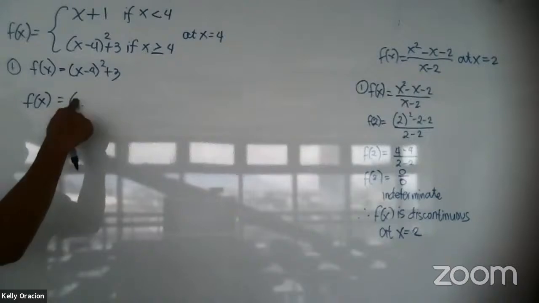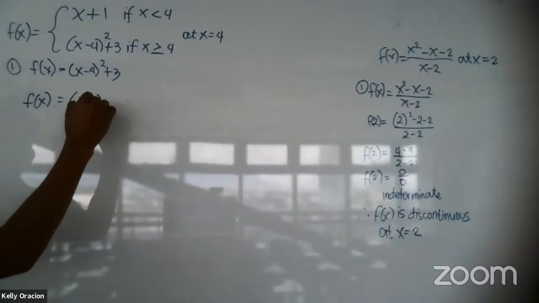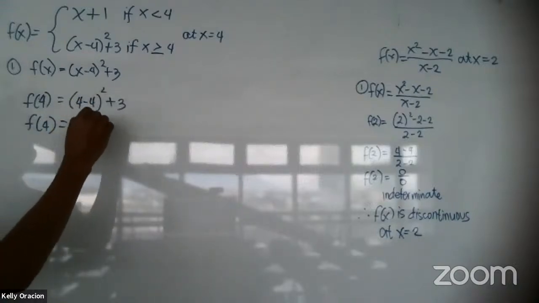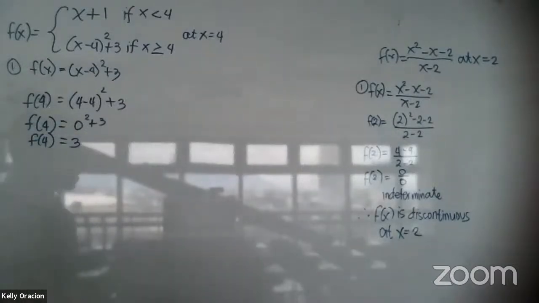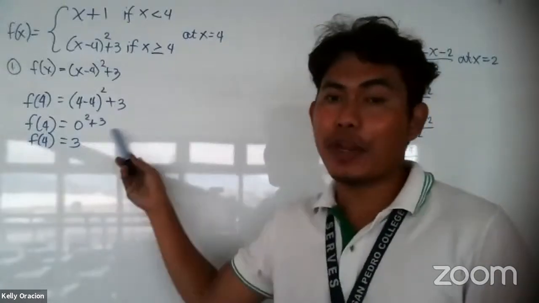X is 4. 4 minus 4 squared plus 3. So your f of 4, 4 minus 4 is 0 squared plus 3. So f of 4 is, yan. 3 exists. Yes. Nag-exist yung 3 natin.